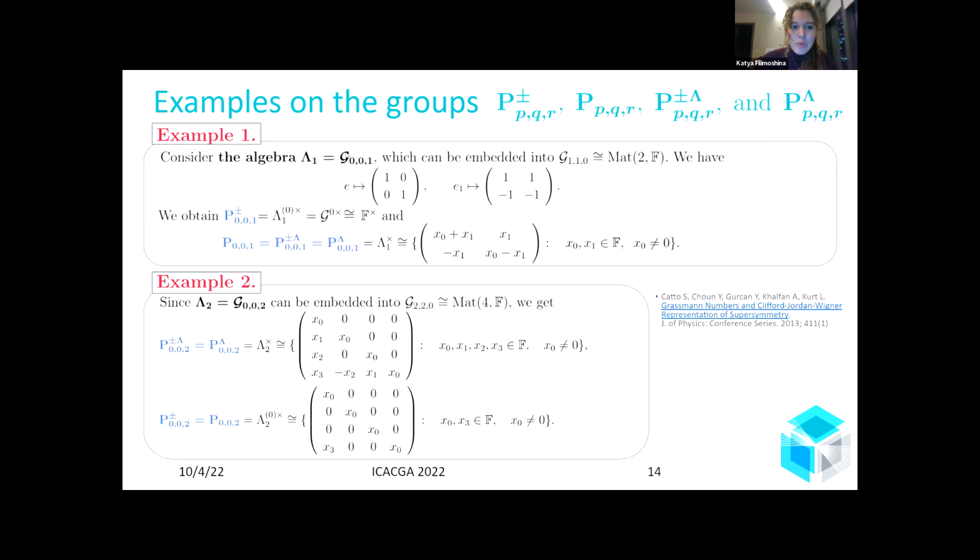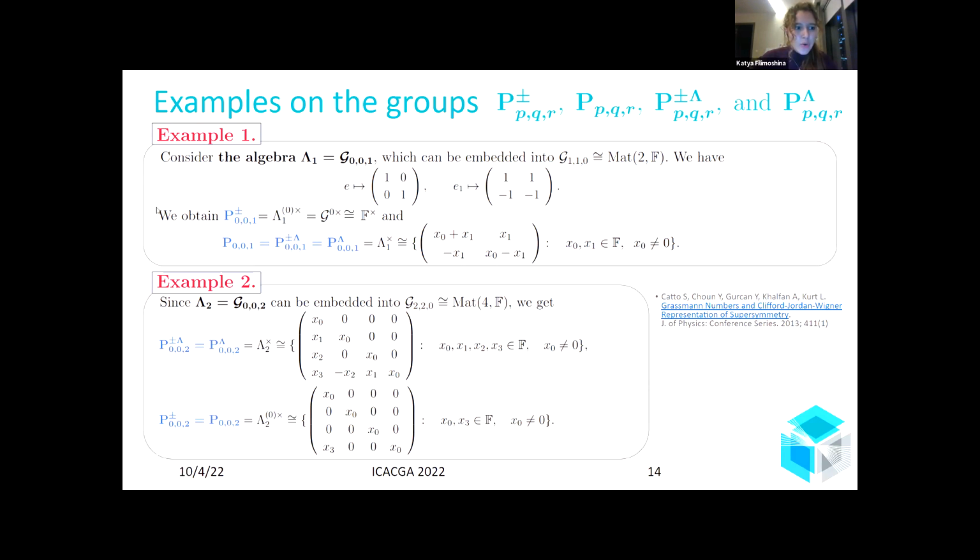This degenerate algebra can be embedded into the non-degenerate algebra G110 using the well-known Clifford-Jordan-Wigner representation. For example, it is considered in this paper. This non-degenerate algebra G110 is isomorphic to the algebra of the 2x2 matrices over the field F, which can be real or complex. So we have the following matrices for the identity element and the generator E1 of the degenerate algebra G001.